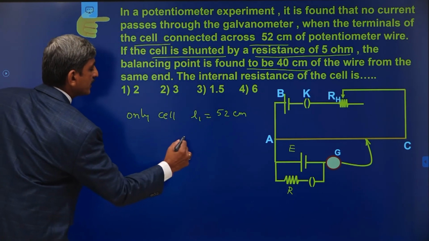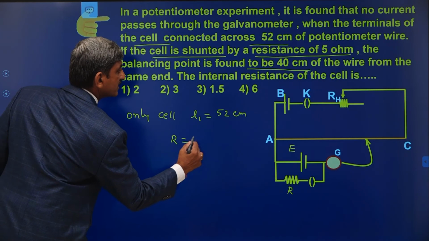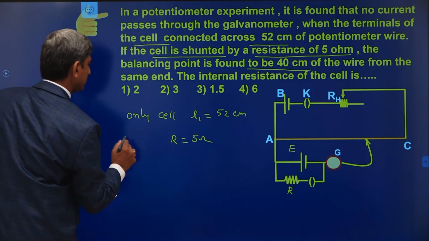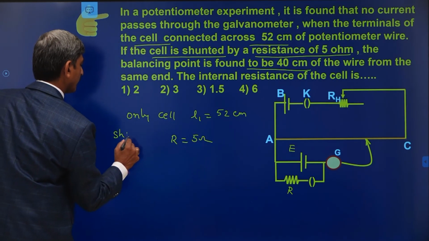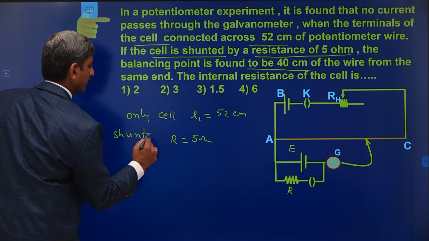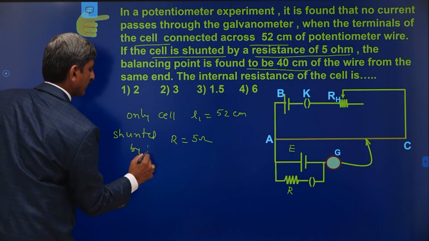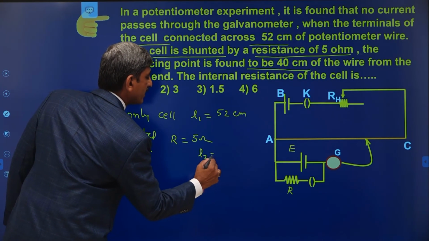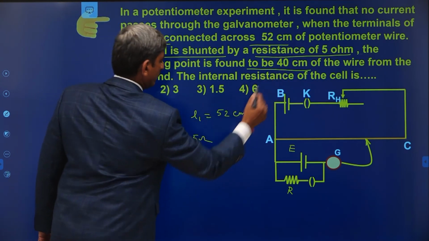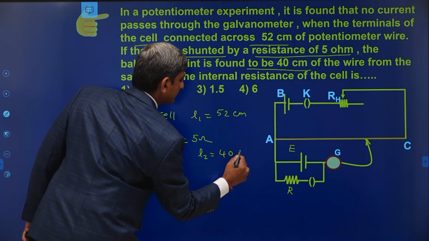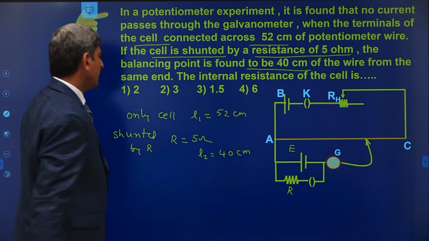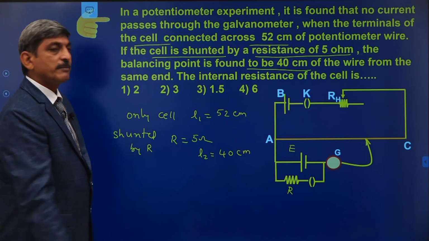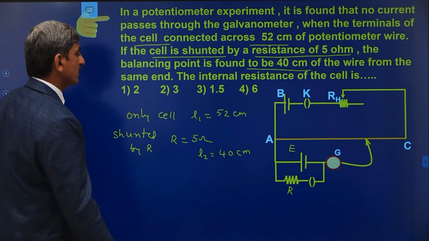That resistance value is R is equal to 5 ohms, and the corresponding balancing length is given as L2 is equal to 40 centimeters. Okay? Now we want to determine the internal resistance of the cell.